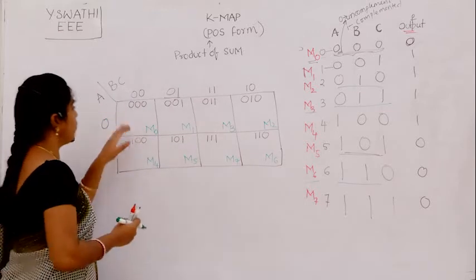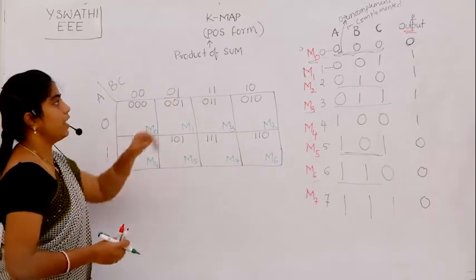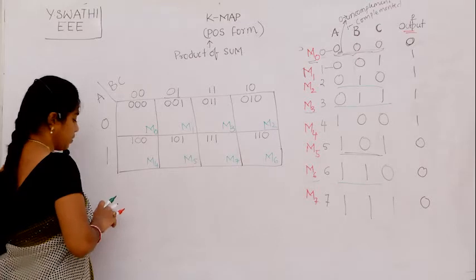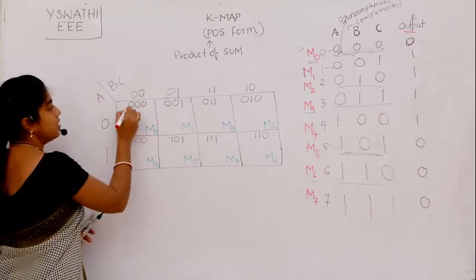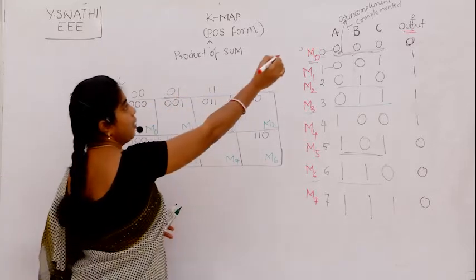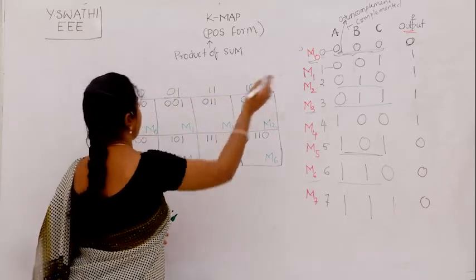And if you write in variable form, how can we write? 3 zeros. 0 represents the uncomplemented form of a variable.